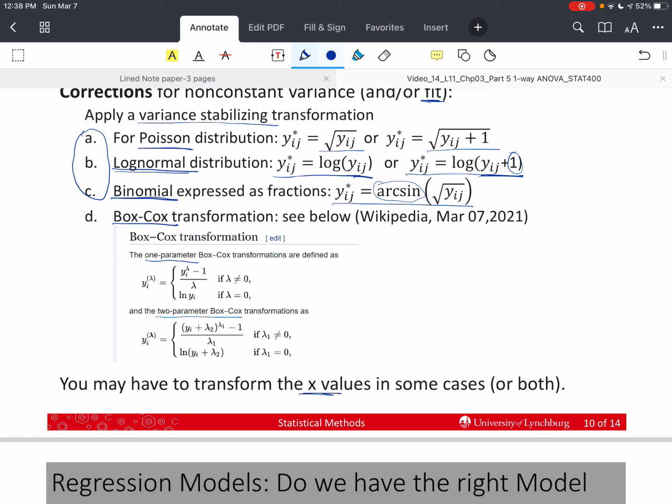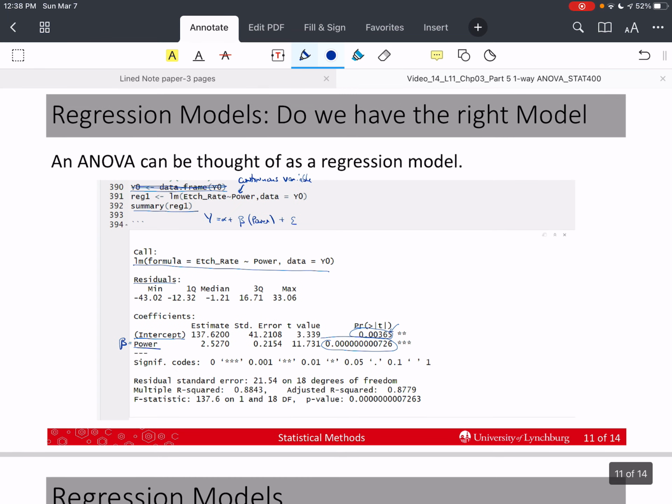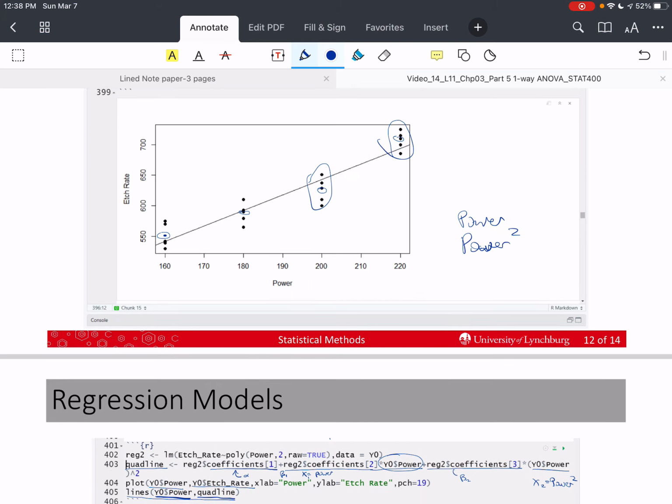The problem is we'd want to do an inverse transformation of the values at the end, okay? Which again is beyond the scope of this course. All right. So if you run into that, we're going to learn some non-parametric methods, and they're a lot more simple and easier to understand than the transformations that we're talking about.